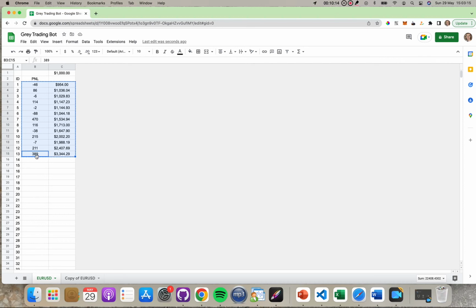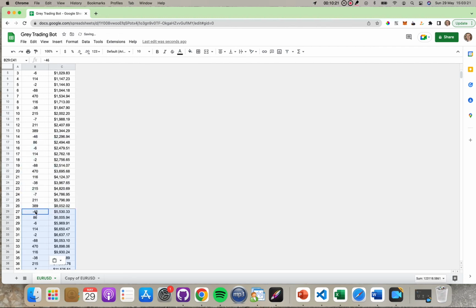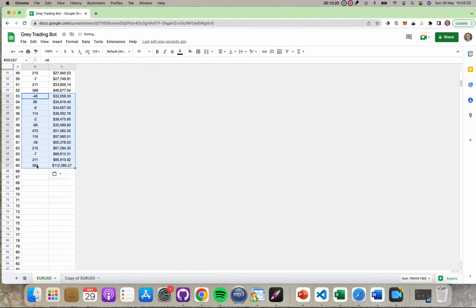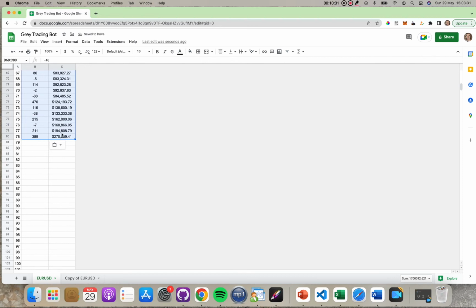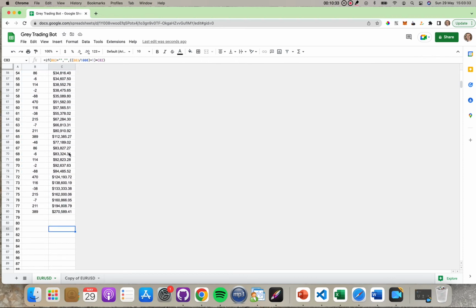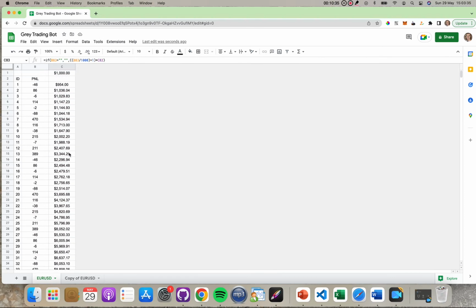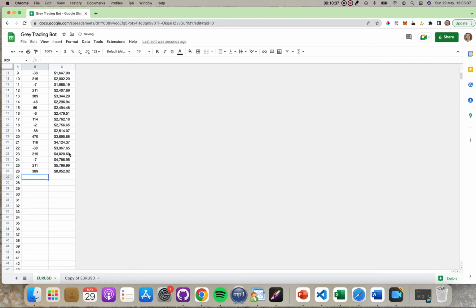So if we do this again, I'm just theorizing what the other trading pairs would do. Again, something very similar to what we've seen. So you can see $1,000 becomes a hell of a lot of money after just using this bot with the TradingView filter.